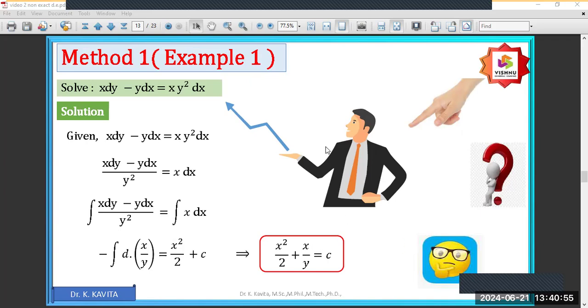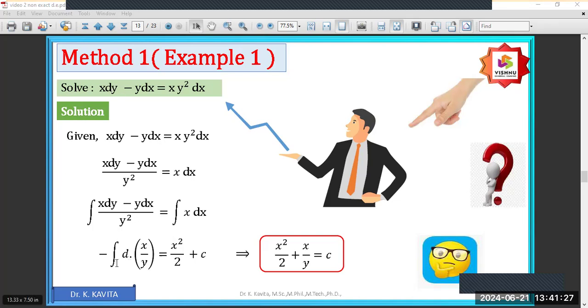We can observe how we are going to solve an example of method one, the inspection method: x dy minus y dx equals xy into y square dx. Here you can observe x dy minus y dx, which, according to the formula, gives y by x or x by y. In the RHS, y square is there, so we can guess this is the x by y form.